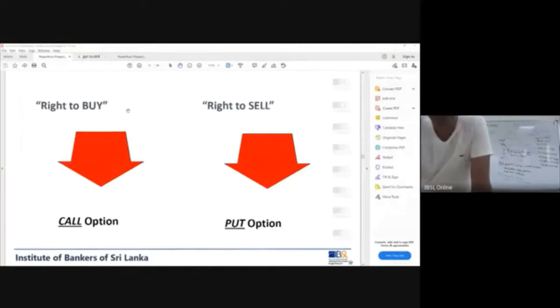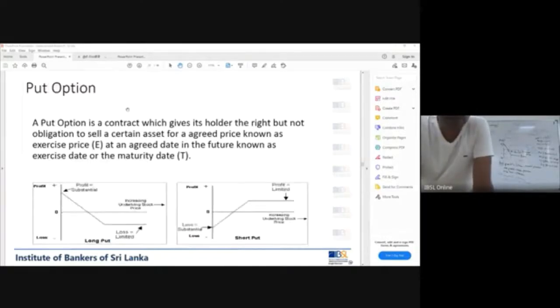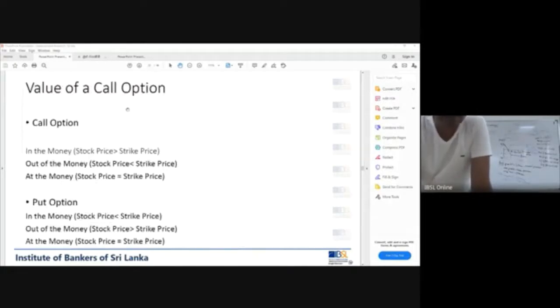An option which gives you the right to buy is called call. An option which gives you the right to sell is called put. And call option and put option, we discussed. In the money, out of the money, and at the money, again we discussed.